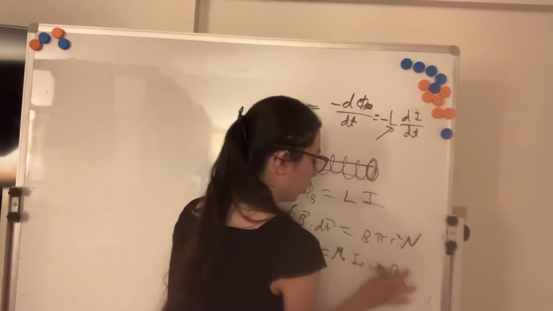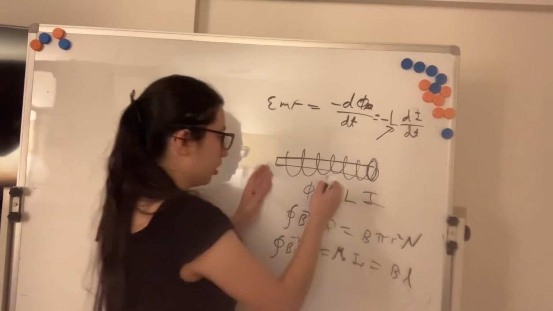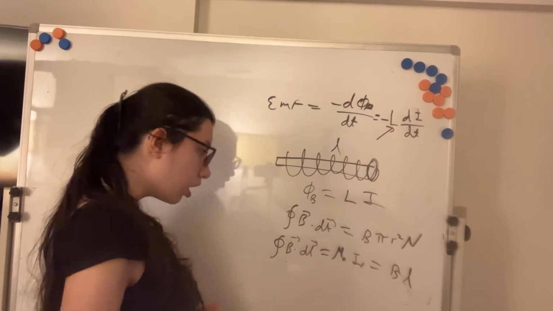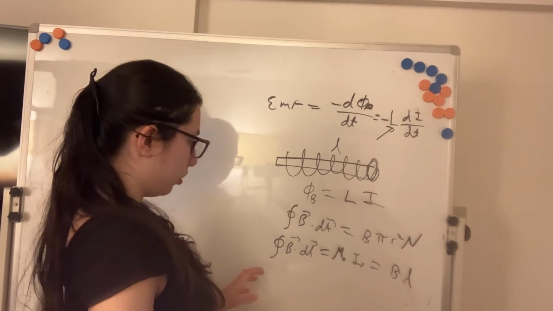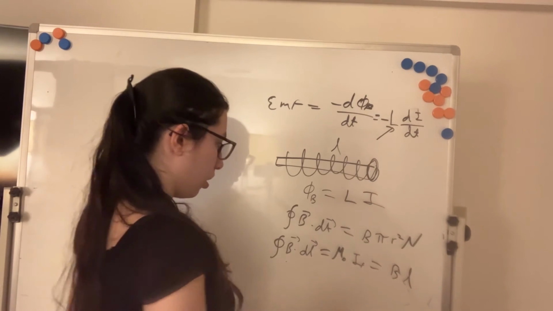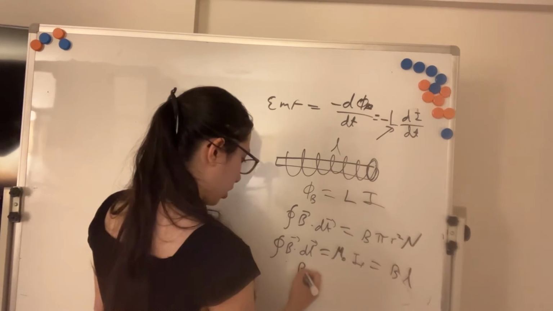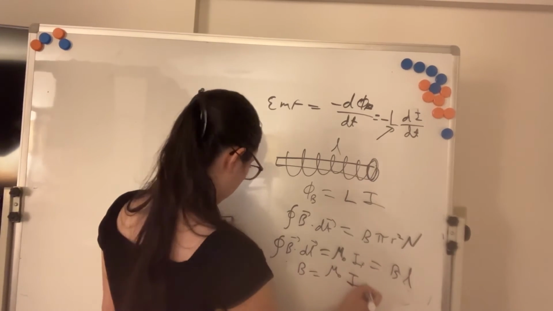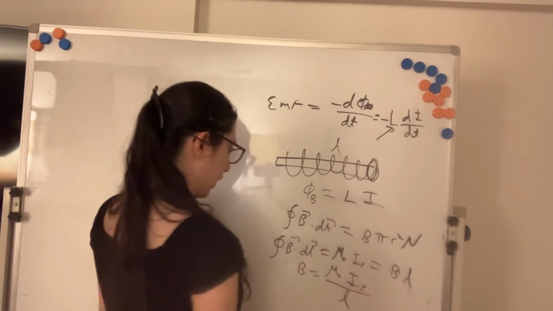Let me call it a small l, L being the length of the solenoid. So now we have B is equal to the magnetic permeability times the current penetrating divided by N.